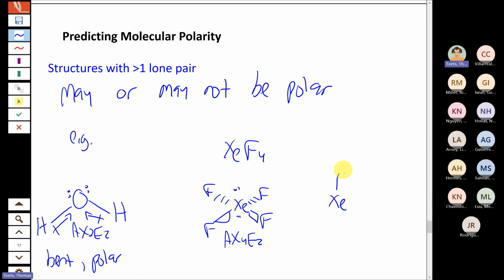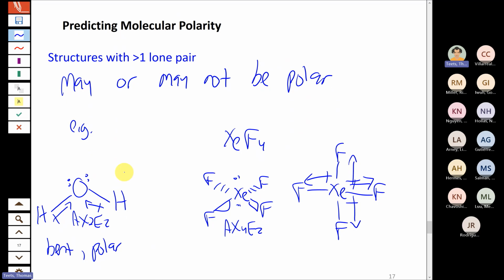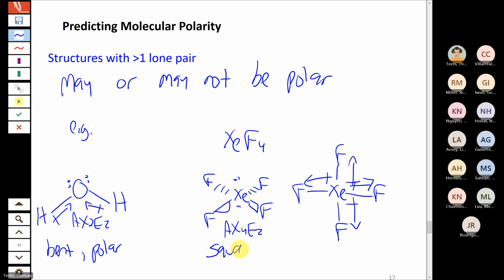If we draw it in the more convenient orientation like this, we have dipoles towards fluorine, but they cancel out vertically and they cancel out horizontally. Like in linear molecules, where you have 2 dipoles that cancel out, here we have that happening twice. So this square planar one would be nonpolar.